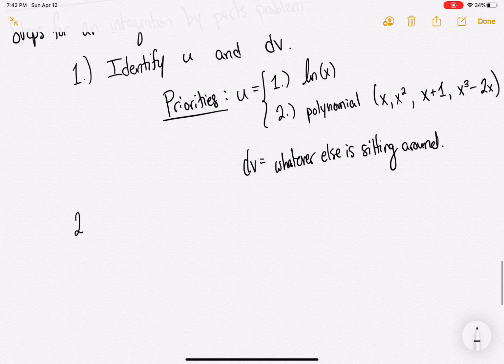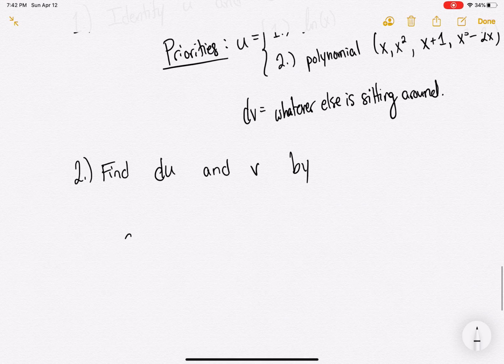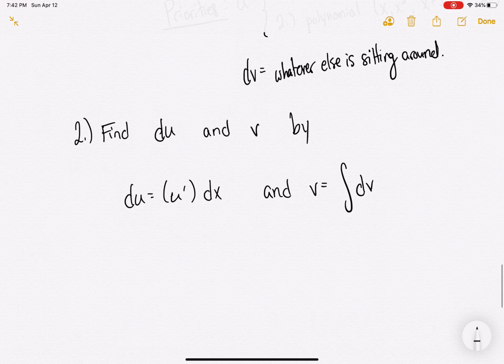Step 2 is you need to find du and v by, this is pretty easy, du equals u prime dx and v equals the integral dv. Easy enough. Step 3, you get your answer.